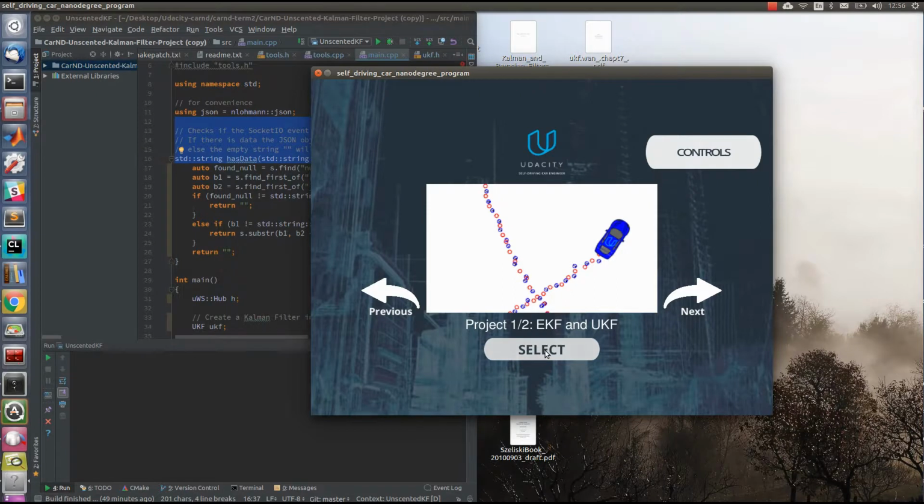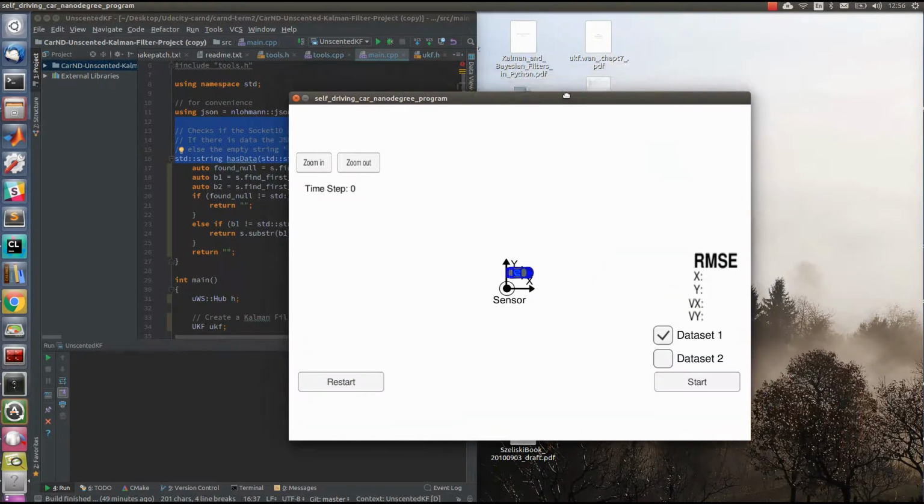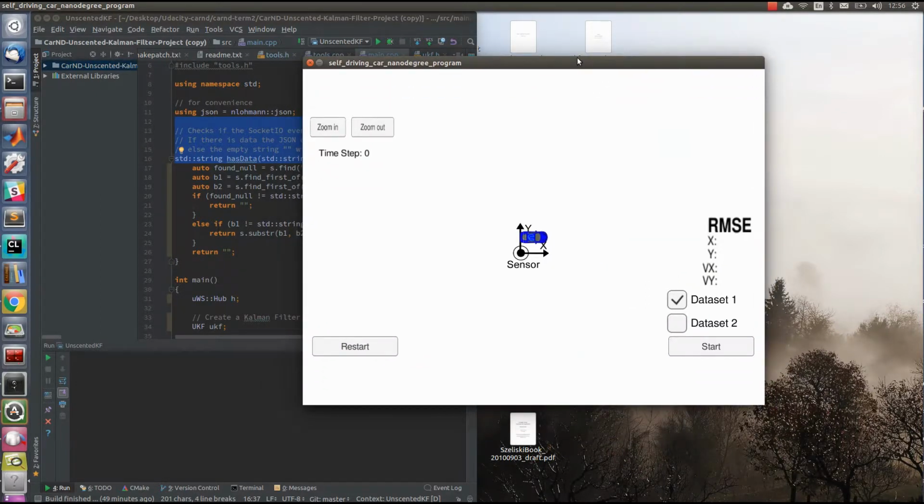Okay, so if we try the simulator, we can find that this is the initial position of a moving object, in this case this blue car. And here my sensors are located. So when the car starts to move like that, I will get a bunch of measurements from Lidar and RADAR.